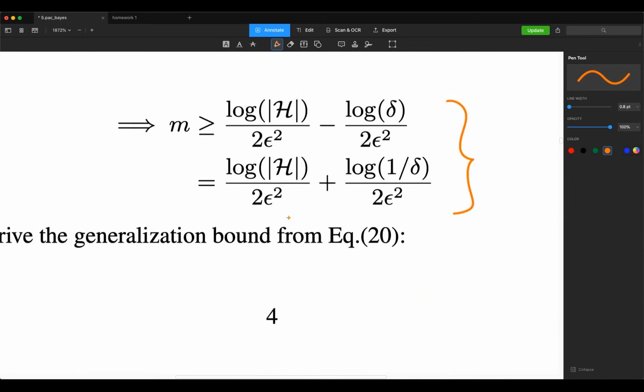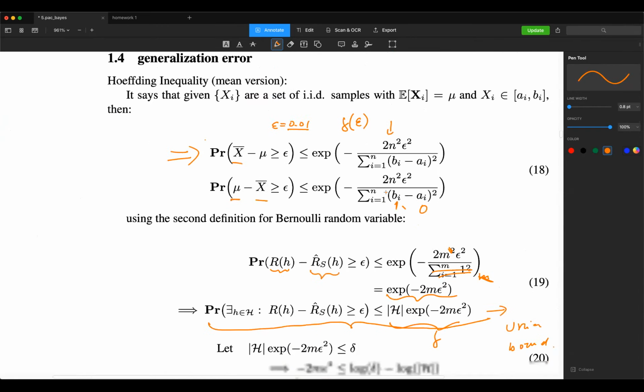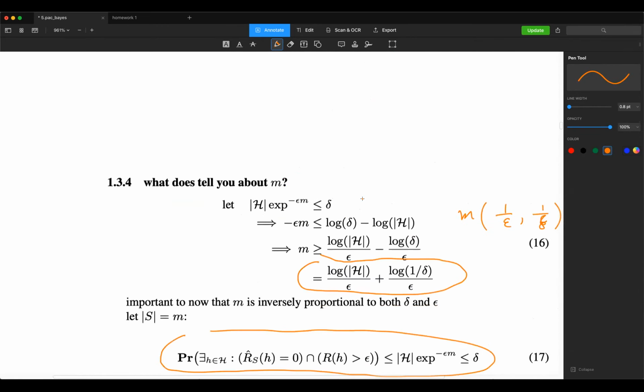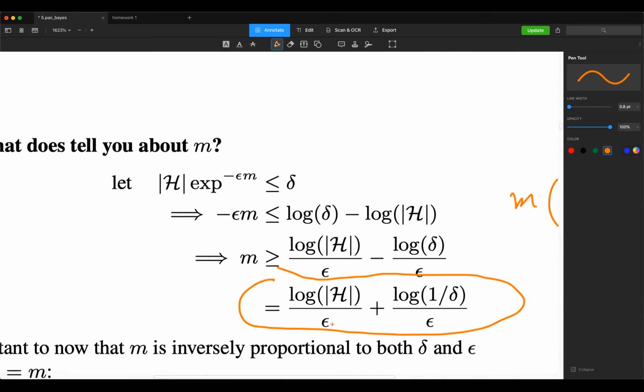This time around, we do have the square terms in here. So this is 2 epsilon squared, and if we look at what we had before, we have epsilon. Otherwise, they are identical.